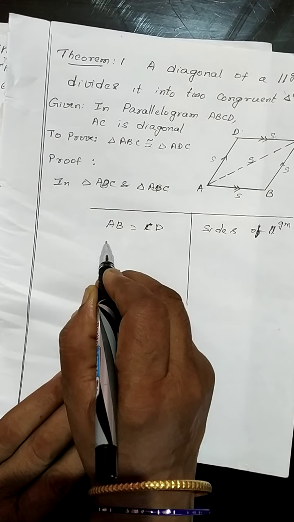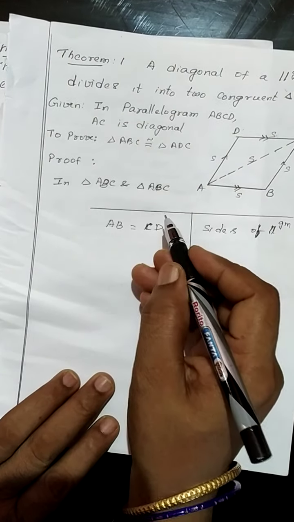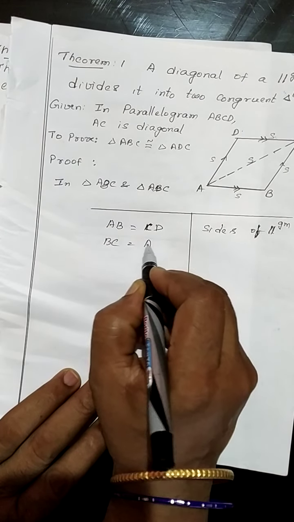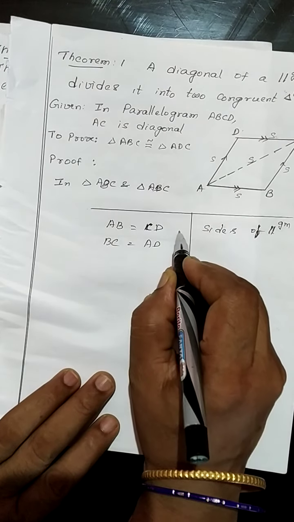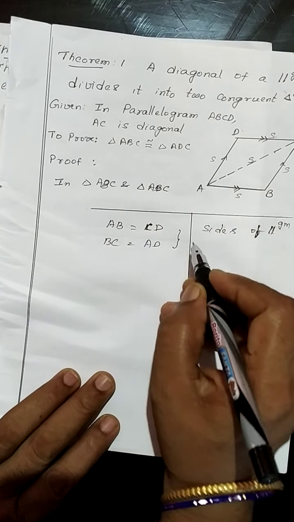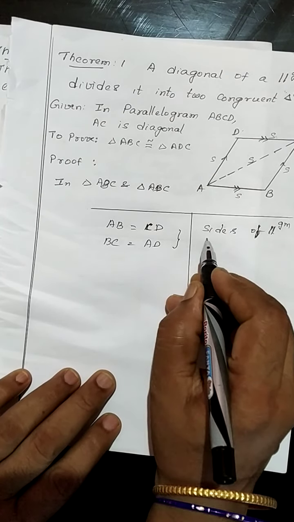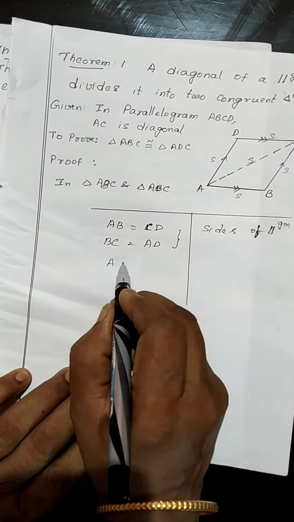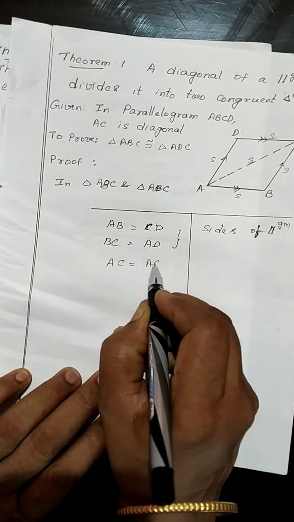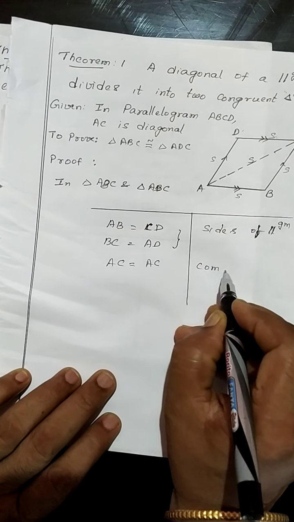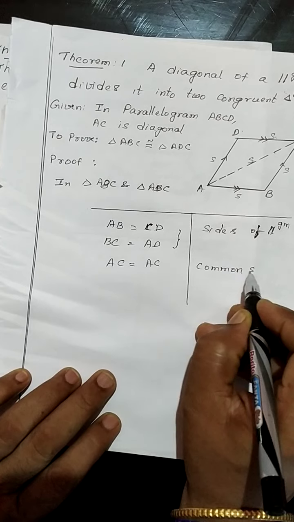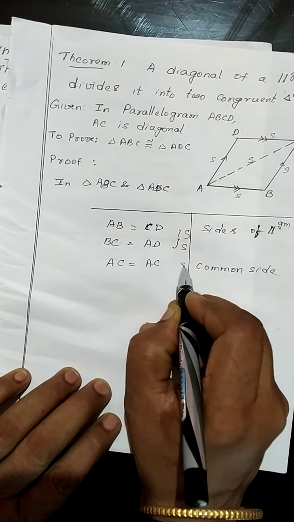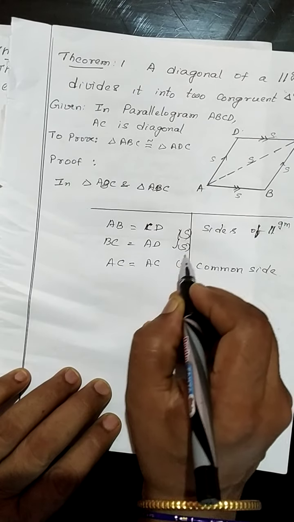Now again, BC equal to AD for the same reason. So for this you can put this type of flower brackets because the reasons for both of them are same. Now here also AC and AC. What you can write? You can write it as common side. So you have got three sides equal.